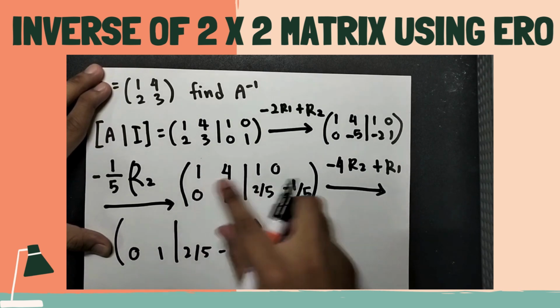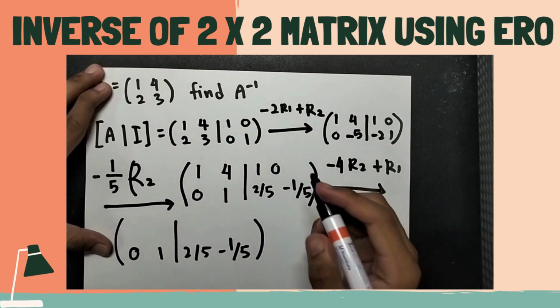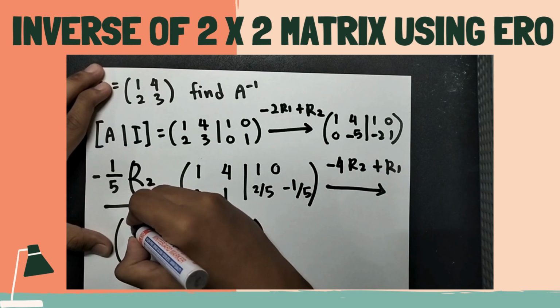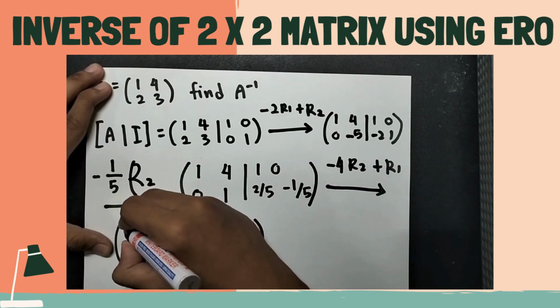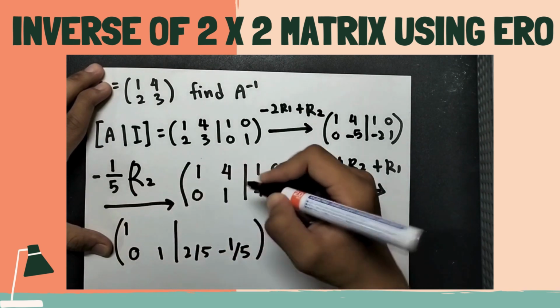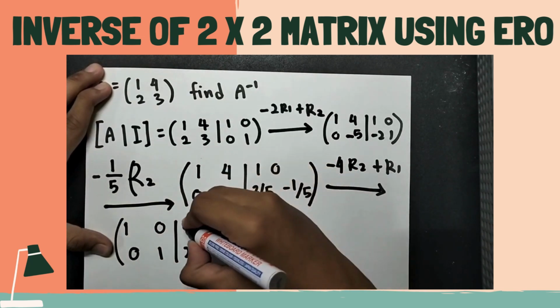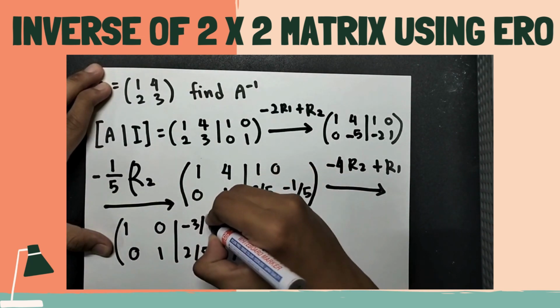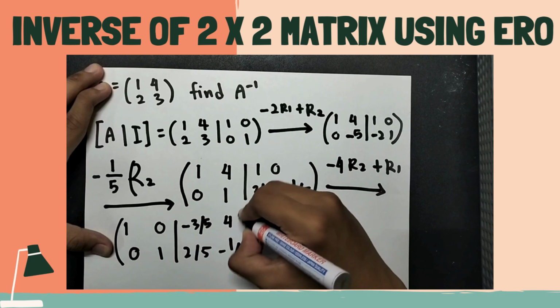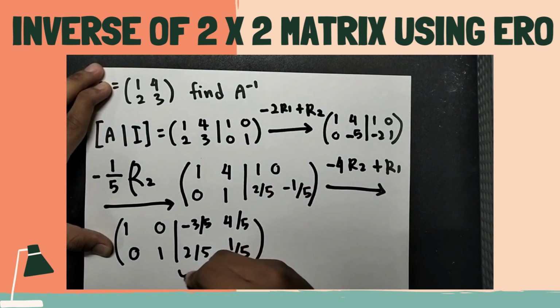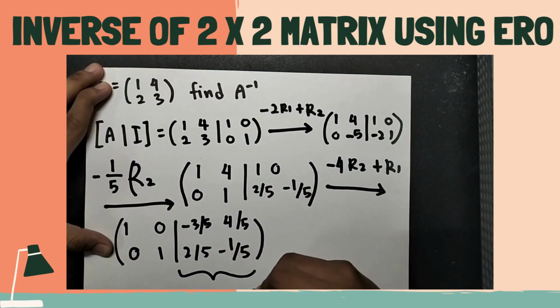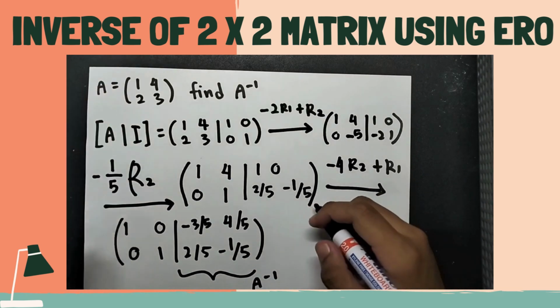And this time row 1 will follow this equation, which will make it 1, 0, negative 3 over 5 and 4 over 5. The matrix that we obtain here will be the inverse for matrix A. That is all from me. Thank you.